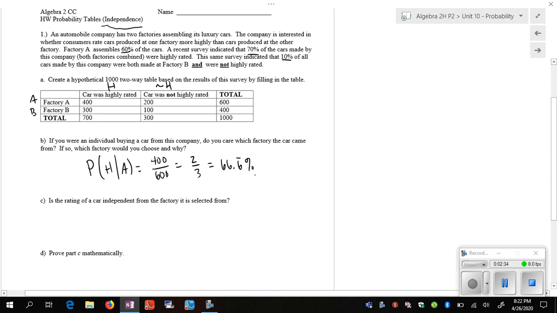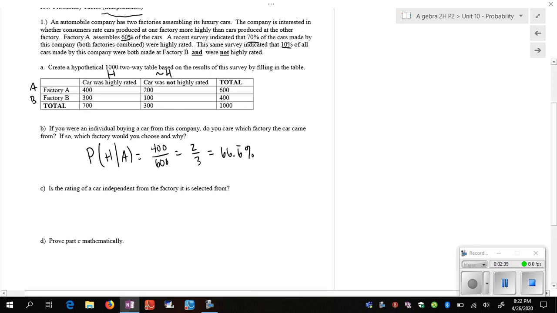Versus a car at factory B, the probability that a car is highly rated given that it was made at factory B. Well, there's fewer cars that are highly rated, but it's also fewer cars in general that were made at factory B. So this one's actually 300 out of 400, which is 3/4 or 75%.